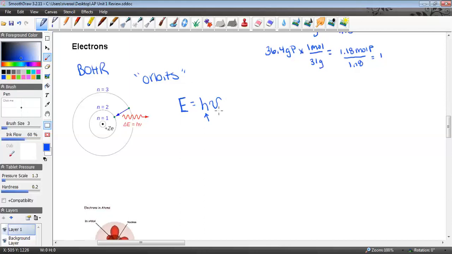We can also calculate the wavelength of light that we see using c equals lambda nu, where c is a constant, the speed of light. These two equations just relate wavelength of light to frequency of light to the amount of energy that gets transmitted.